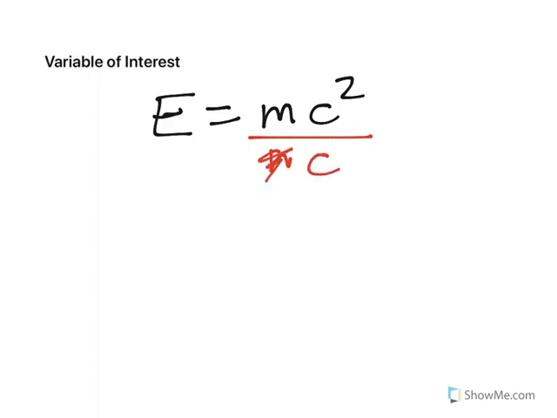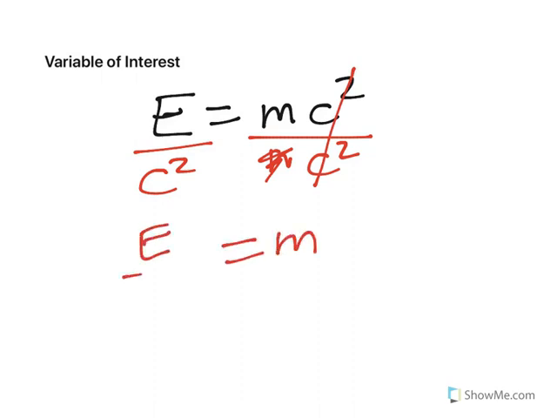Divide by speed of light squared. Those cancel on the right side, give you 1m on the right, or just m. The mass is equal to energy divided by the speed of light squared.